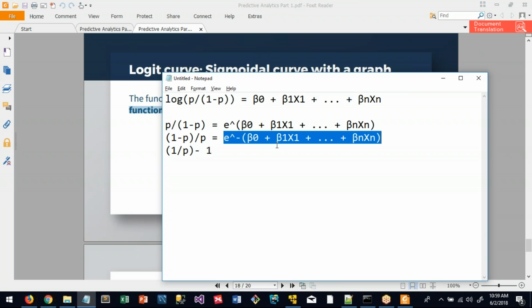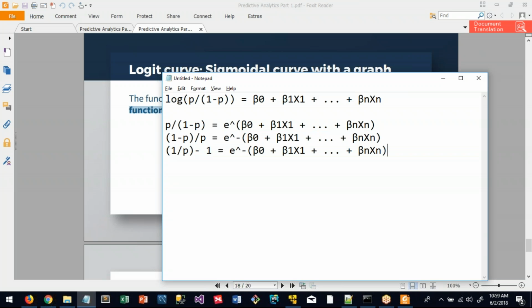So again, this thing is equal to like this. Now I can simply add this. 1 by p is equal to 1 plus, just taking this minus 1 to the other side, so it becomes 1 plus this value again. All right, so now we have 1 divided by p is equal to this side of the whole equation.